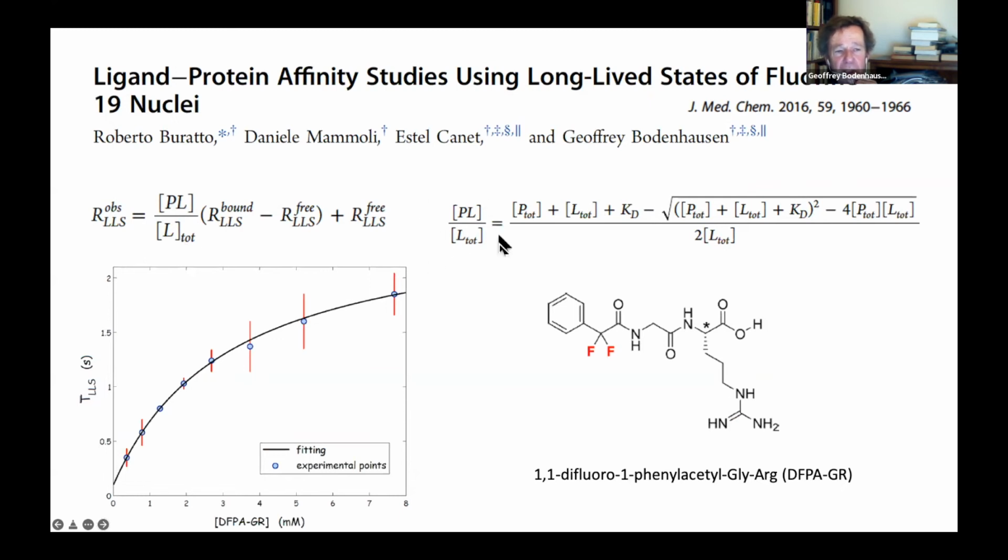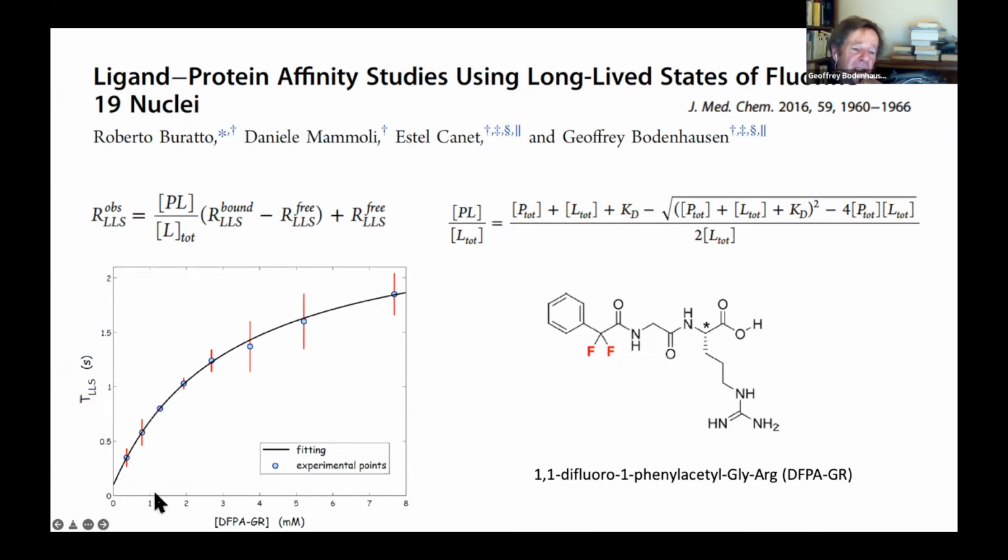Now, this ratio, as you may have learned in first-year chemistry, can be expressed as a square root of various things. And in this relationship, you find the dissociation constant, which is of great interest for pharmaceutical purposes, because the higher the affinity, the smaller the dissociation constant, the better the drug.